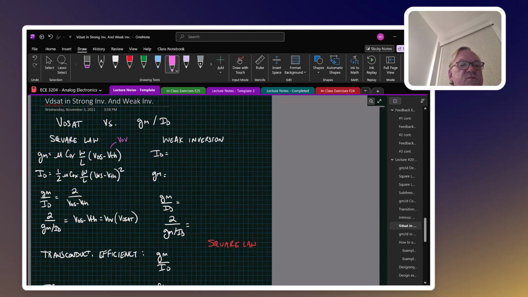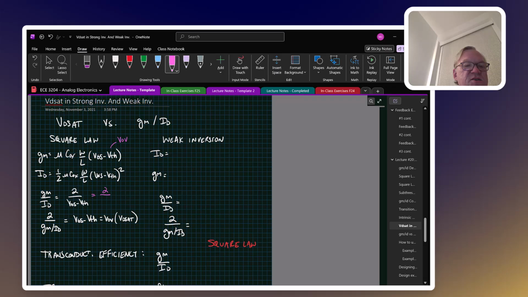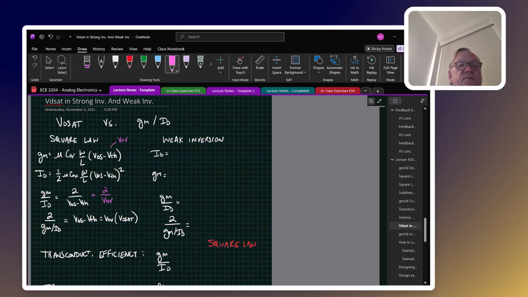We also know the square law current, and we can find the GM over ID by taking the ratio of these two to be 2 over VGS minus VTH, or that's the same as saying 2 over VOV. And indeed, we could just take 2 divided by GM over ID and find that that's equal to the saturation voltage. Now let's look at what happens in weak inversion.